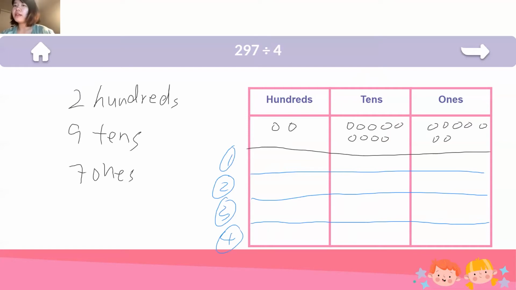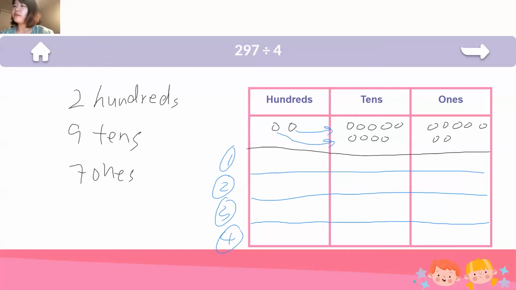Let's start from the larger unit. 200 divided by 4. Do you think we can divide that? I don't think so, because 2 is less than 4, and we don't have enough to divide by 4. So let's move these 200s into tens.